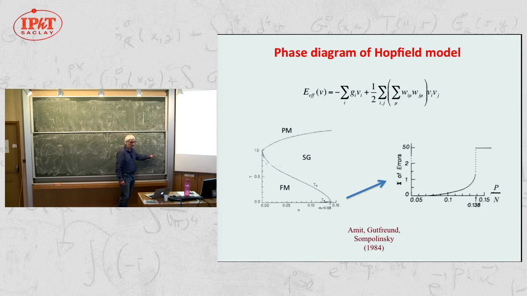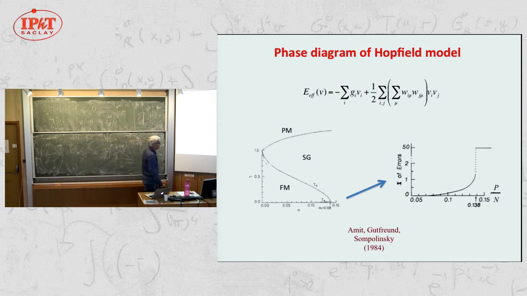So if the similarity is very large, that means you have been able to actually embed in the interaction matrix one particular desired state of activity, one fixed point of the dynamics. So this is actually how you can build a memory. If the final state has nothing to do with it, then it's a failure. That means there are so many patterns that it's very hard to encode in the hard way some particular state of activity.